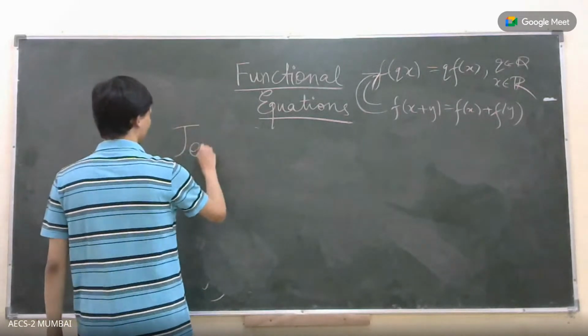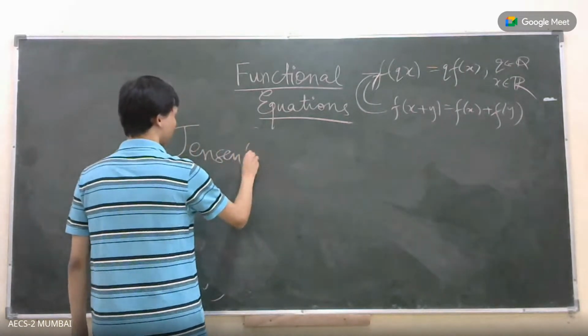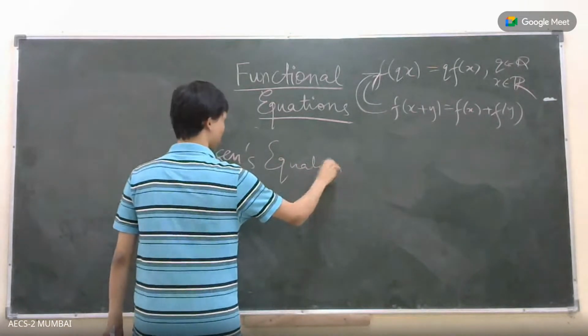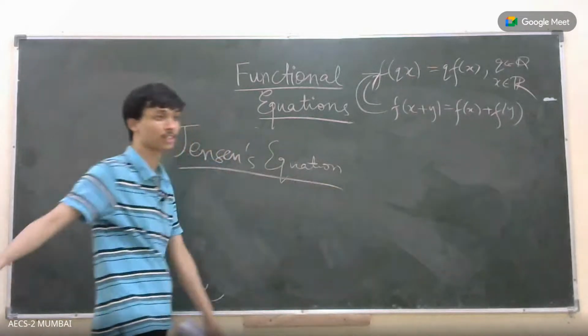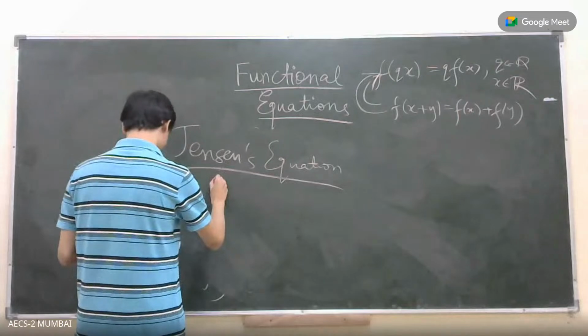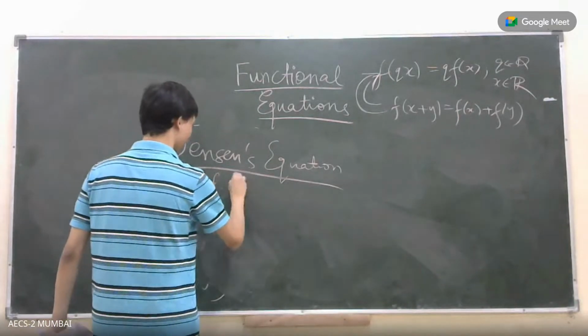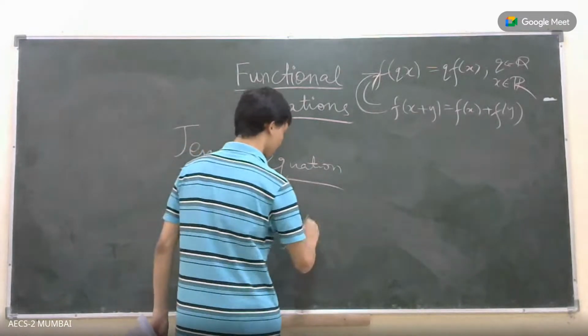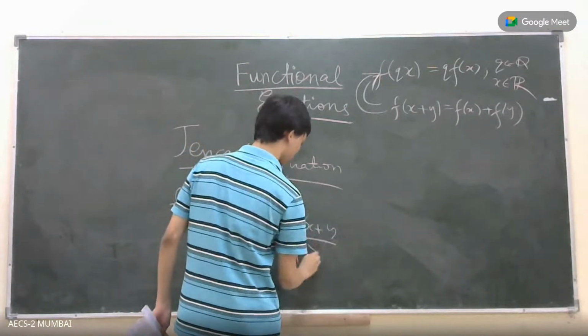Now I come to another very classic equation, which is known as Jensen's equation. You must have heard of Jensen's inequality. So Jensen's equation is f(x) + f(y) = 2f((x+y)/2).